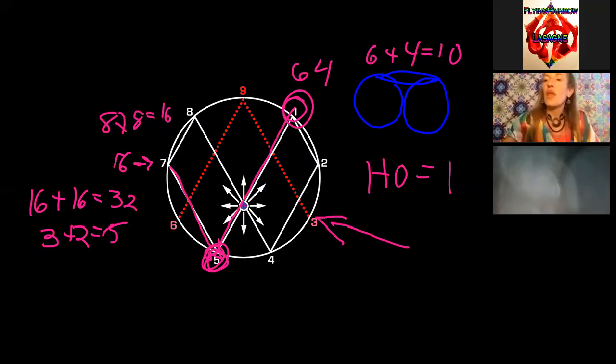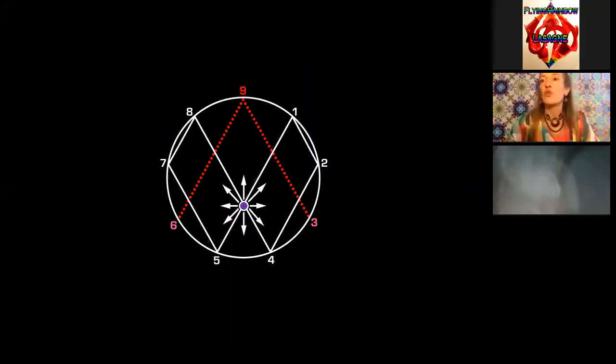Clear. So I went through this torus, what I'm highlighting in pink over here, but there's this little triangle shape over here, and those numbers have their own unique relationship. So the numbers bouncing back and forth between 6 and 3 also do a doubling.